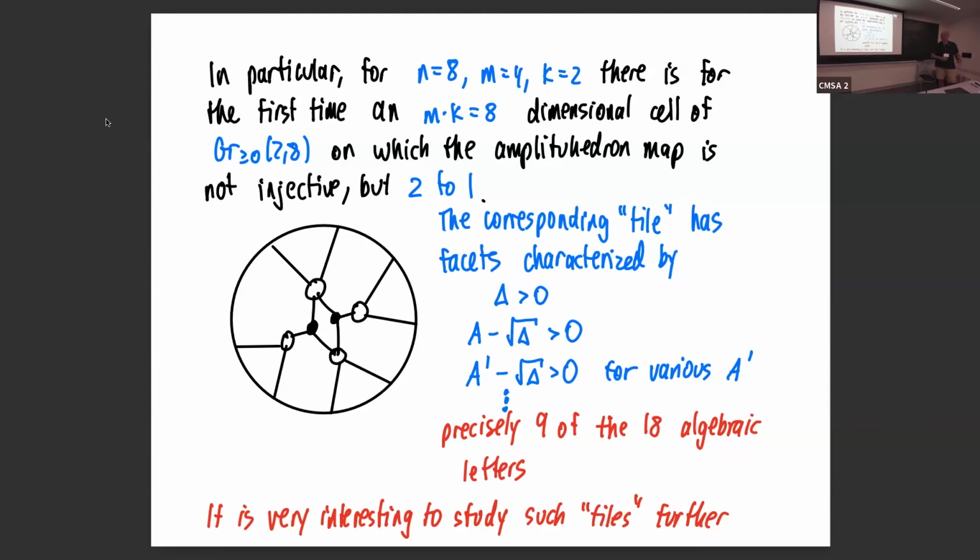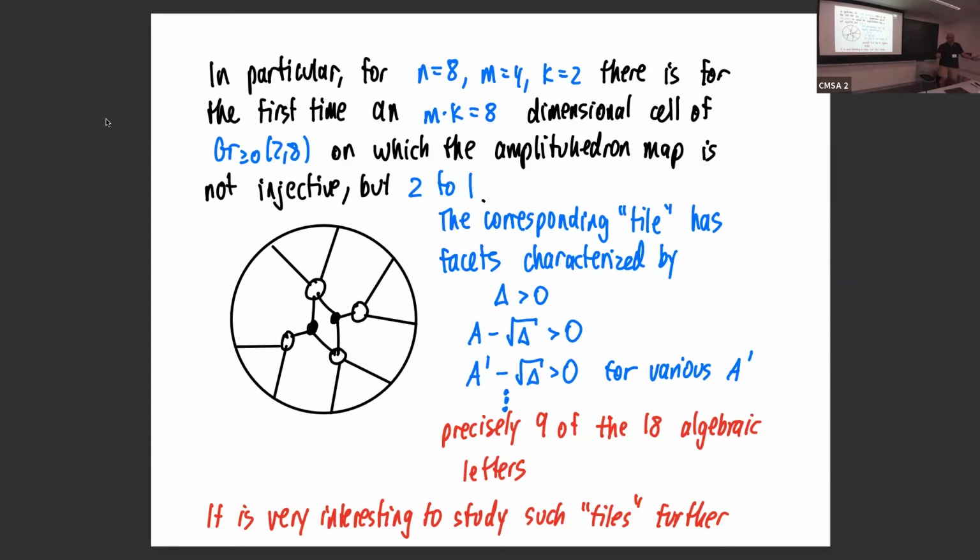The other 9 are given by taking this, I didn't write the external labels, which is a shame because they're important. There are 2 copies of this graph depending on whether you do 1, 2, 3, 4, 5, 6, 7, 8, or 2, 3, 4, 5, 6, 7, 8, 1. So those 2 copies precisely give you a story explaining those 18 algebraic letters.